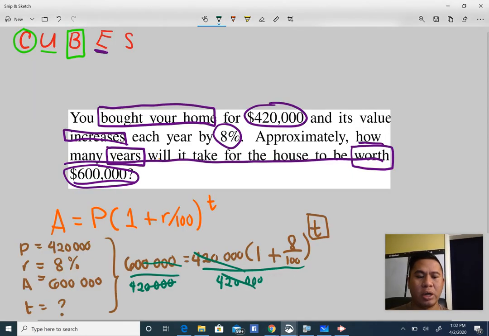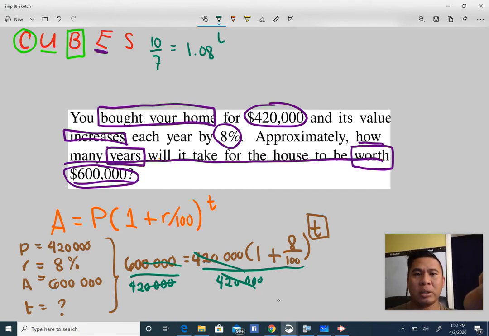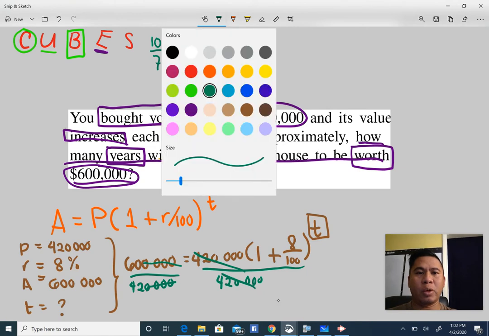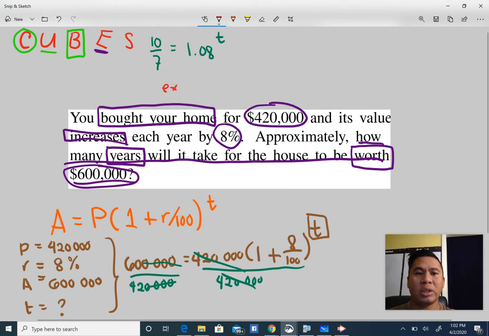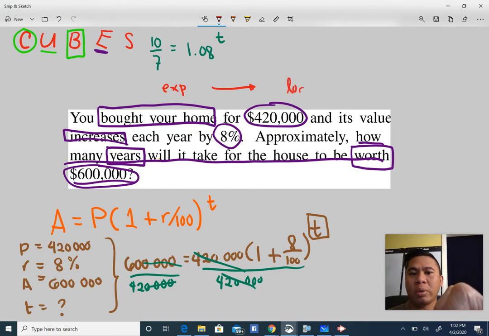So I'll put it in here. Once again, I have the following now: 10 over 7 is equal to 1.08 raised to the t power. This is my simplified form for this exponential. What I'm going to do is express it in its logarithmic form.